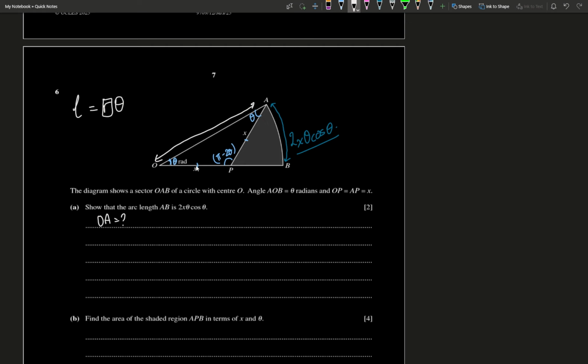Well, since we have a triangle here with two equal sides and all the angles, we can use the sine or the cosine rule. So for example, let's use the sine rule to find the side length OA.